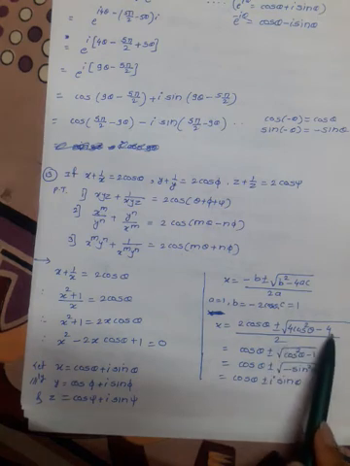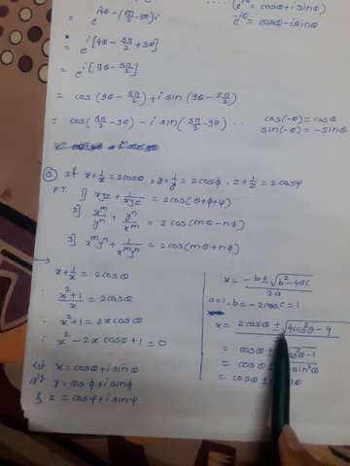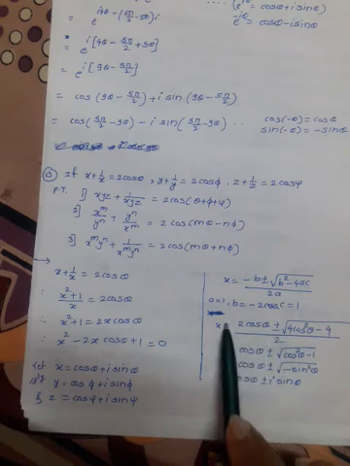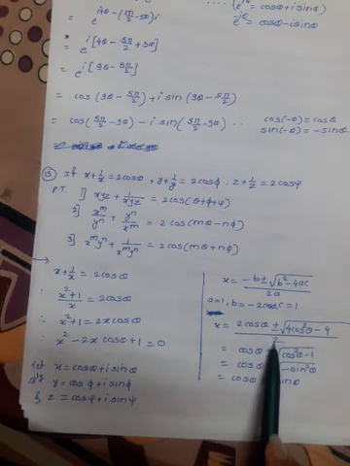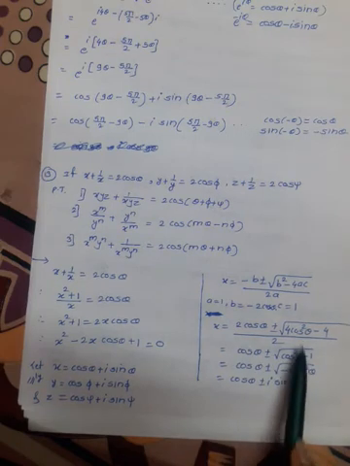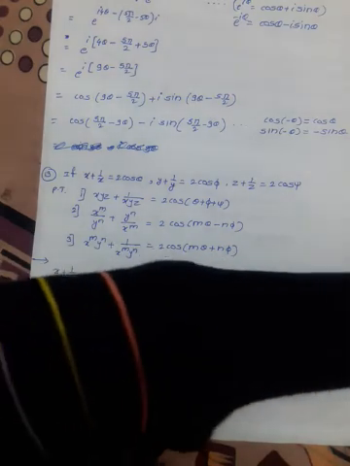Okay, now take 4 outside of this root, it comes out as 2, and this 2 can be taken common from the numerator and cancelled with this 2. What is the remaining term? Cos theta plus minus under root of cos square minus 1, and we know what cos square minus 1 is, it is not sine square.